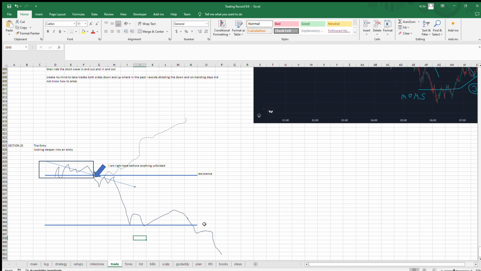Support right there. That's where the support is. So I would, based on the previous data here, look back for this information.